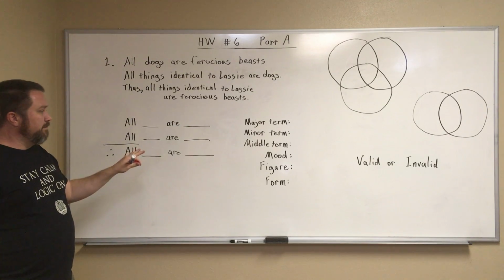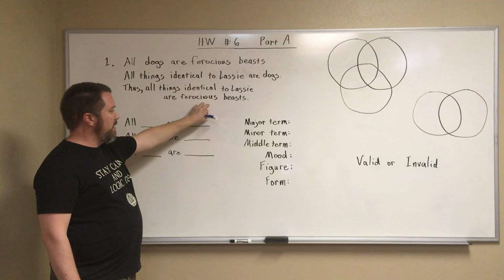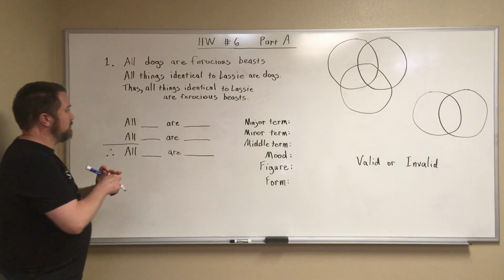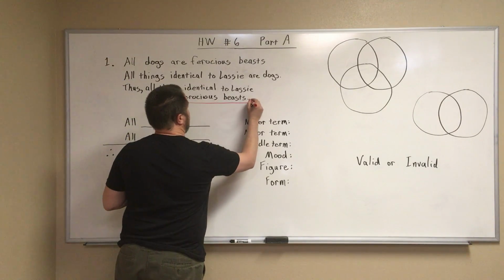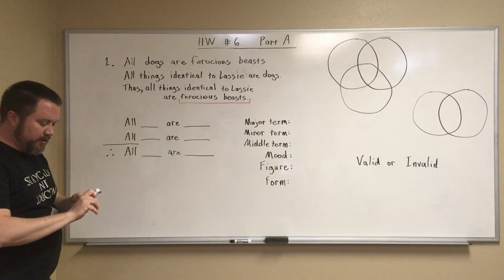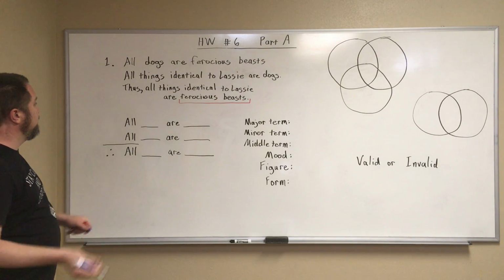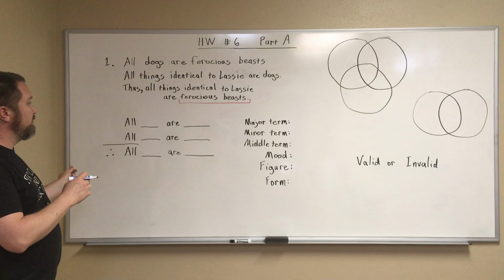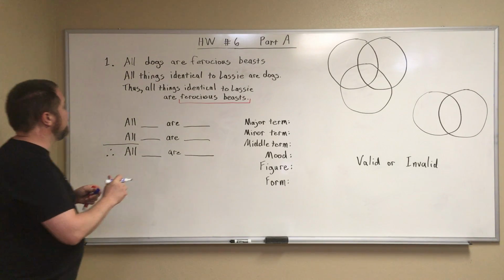So the major term is always going to be the predicate of that proposition. So ferocious beasts would be your major term, and your minor term is always going to be the subject of the conclusion.